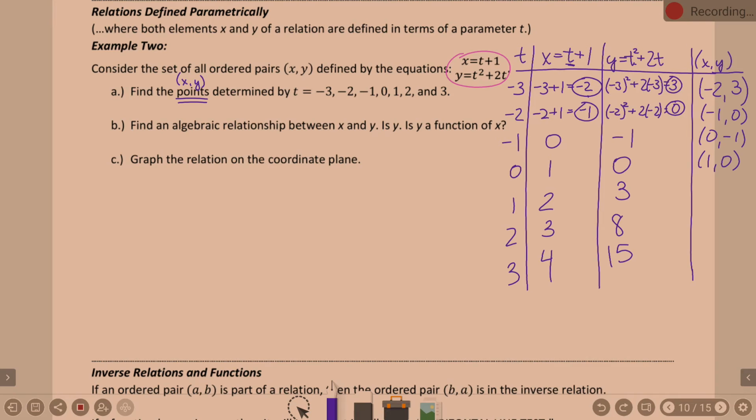When t is 1, 2, 3. When t is 2, 3, 8. And when t is 3, 4, 15.